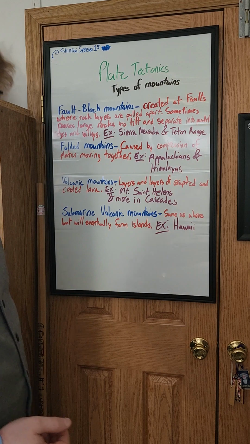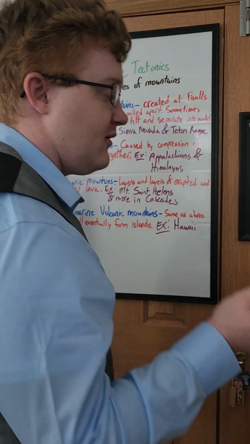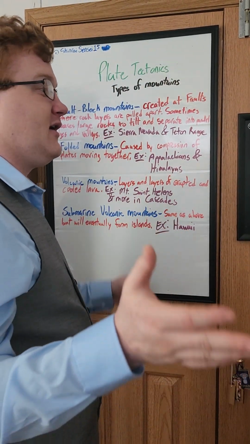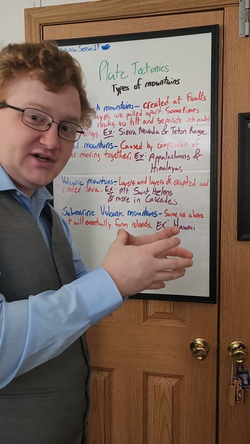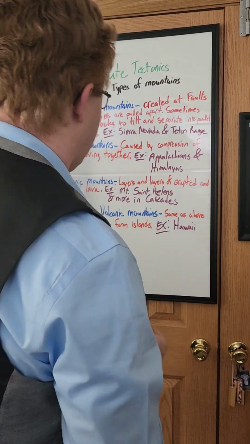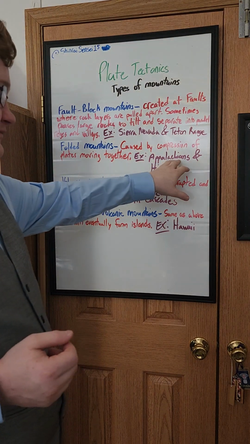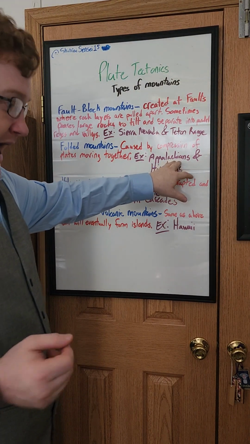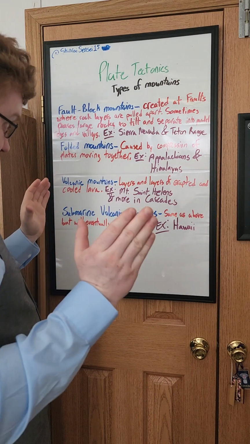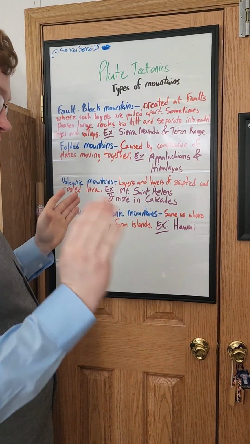That's how old the Appalachians are, because they were formed with the crunching together of Pangea. As Pangea fell apart is when the Appalachian Mountains were no longer built up.